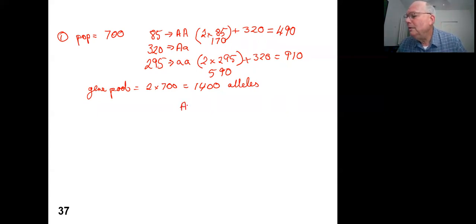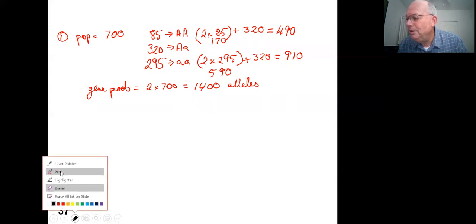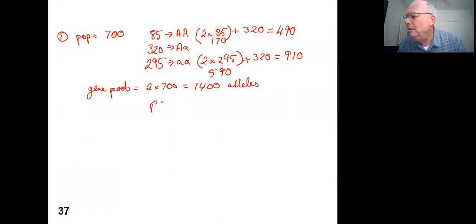Let's put this in the right terminology. P equals 490 divided by 1,400. Let me just do that again. 490 divided by 1,400. Actually, we don't multiply by 100 to get the frequency.